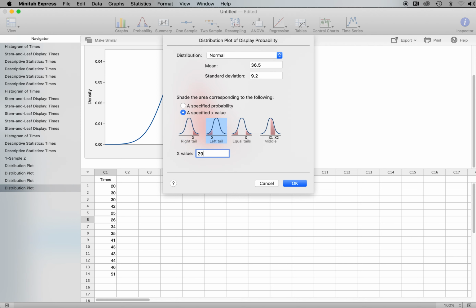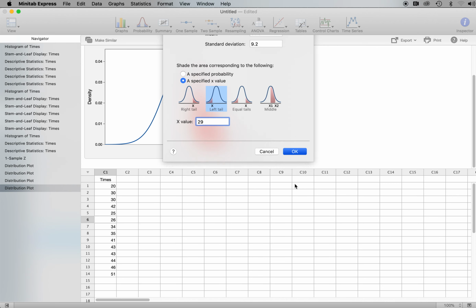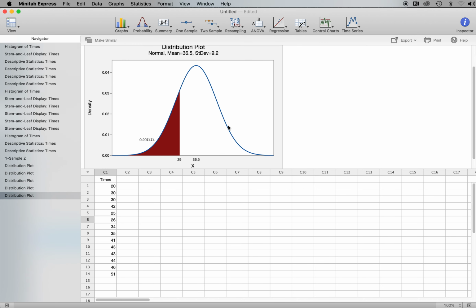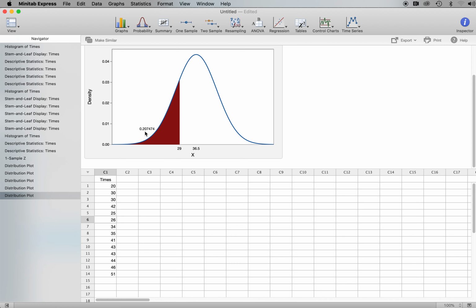Let's say I'm very terrible at this game. I'm going to enter my X value of 29, and it's going to create that probability plot. And so I have a roughly 21% shot of being less than 29. Again, it's not very probable, but it is somewhat probable. It is possible, and not a lot of values are falling in that category of less than 29.